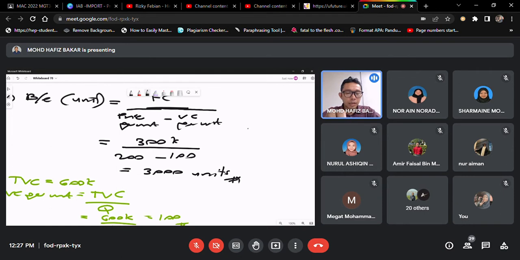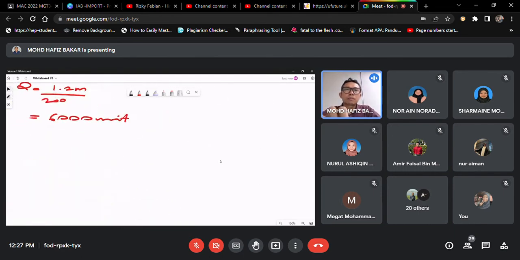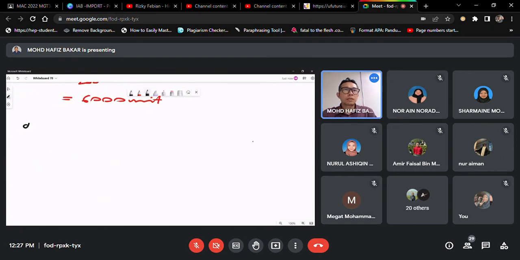Okay, calculate the break even point in ringgit Malaysia. Soalan D, break even in RM. The formula will be break even in units times price per unit.